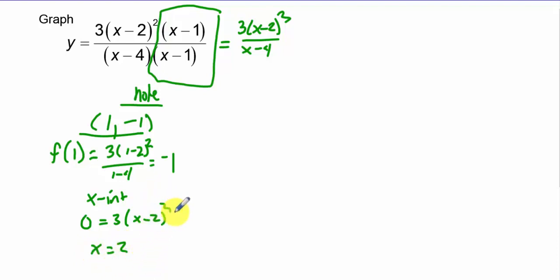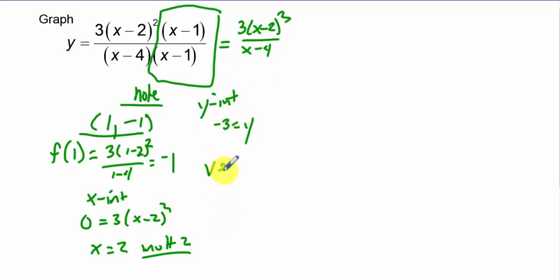And notice multiplicity of 2. Since that's even, that's going to bounce off an axis. We've got a y-intercept, setting x equal to 0. I have -2 squared is 4. That's 12 over -4, which is -3, equals y.